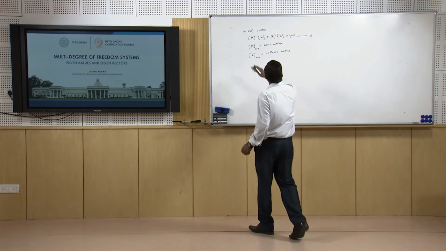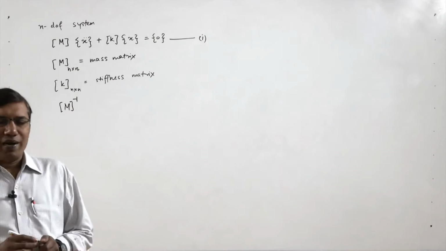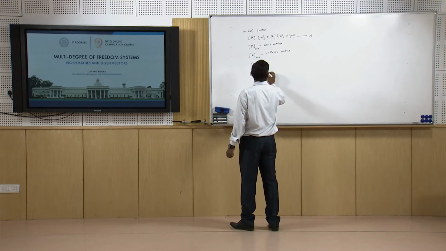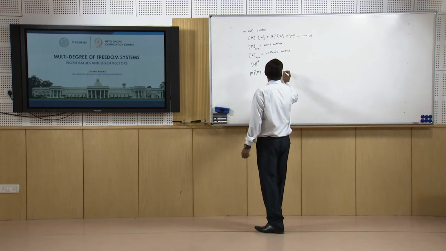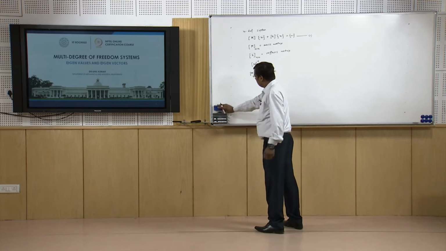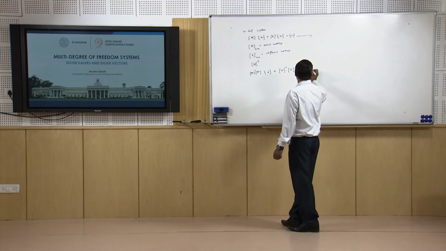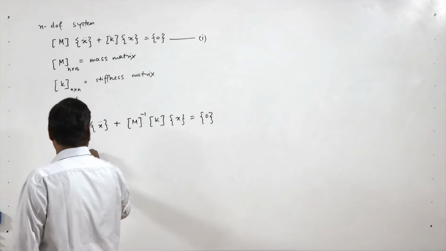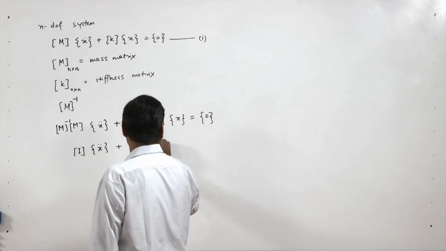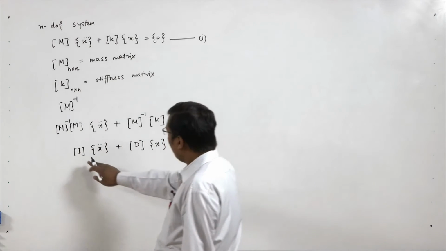So if we multiply this equation with M inverse, that is the inverse mass matrix, so we will have, here I is the identity matrix.